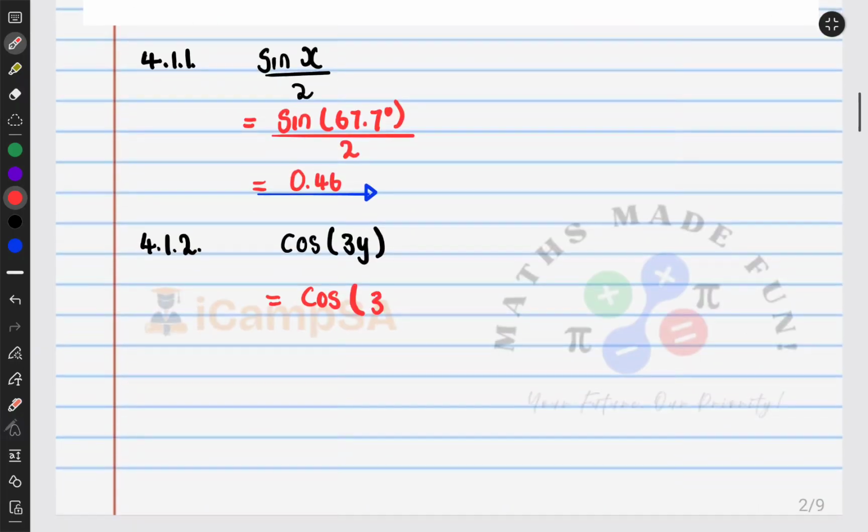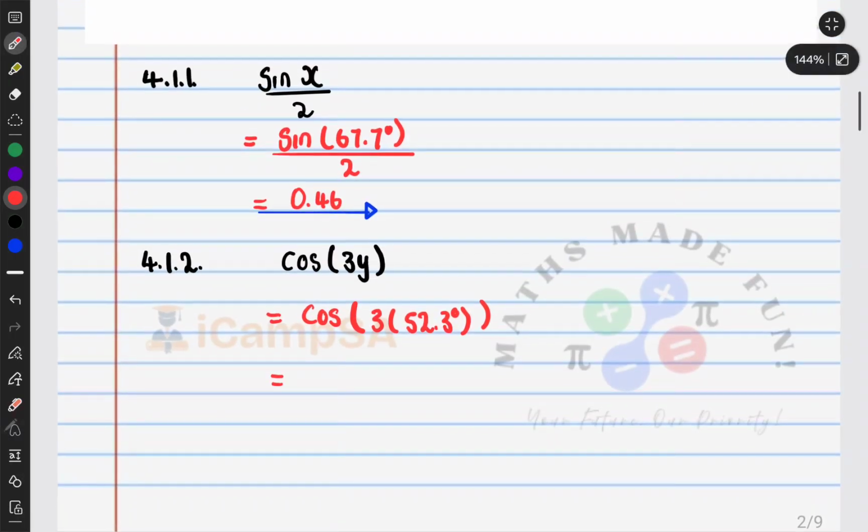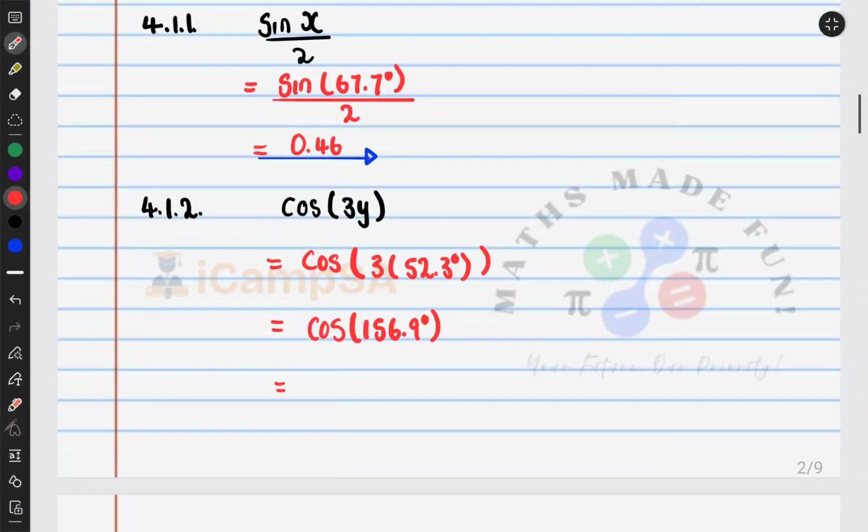So we're going to say 3, open another bracket, 52.3 degrees. Let's multiply what is within the brackets. There is 3 multiplied by 52.3 degrees, which gives us 156.9 degrees. So we are calculating the cosine of 156.9 degrees. You put this in your calculator, you should get negative 0.91.